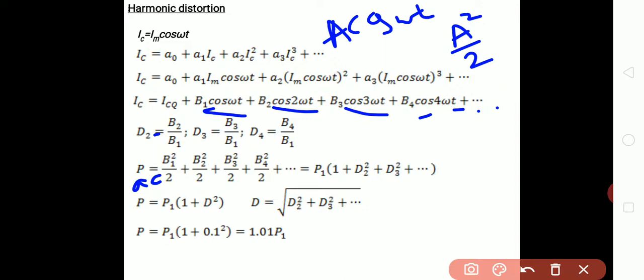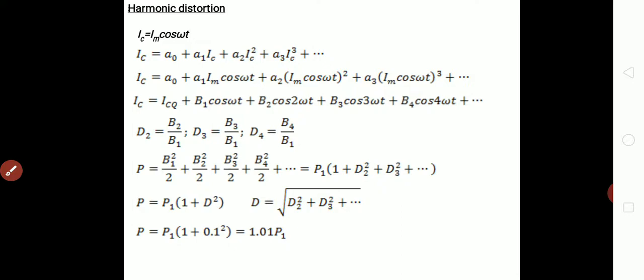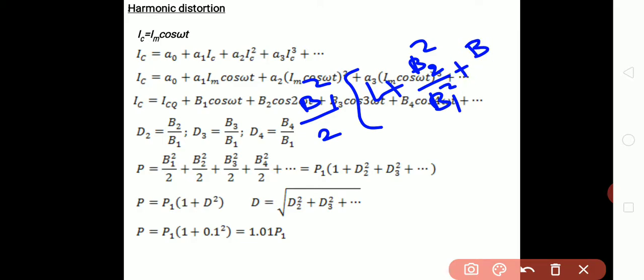If we take B1 square common from this, I get B1 square by 2 into 1 plus B2 square by B1 square plus B3 square by B1 square and so on.